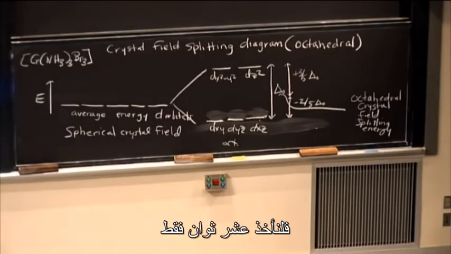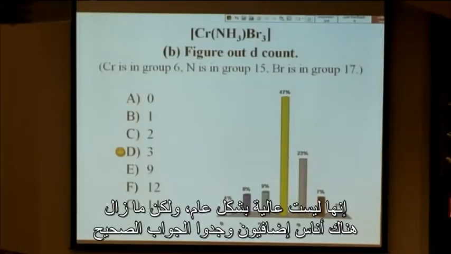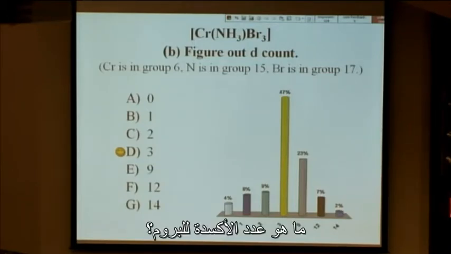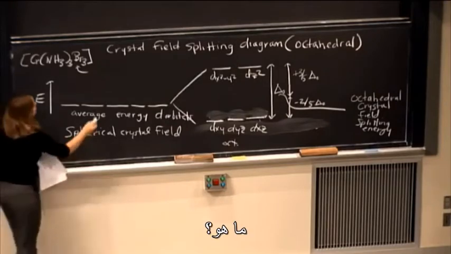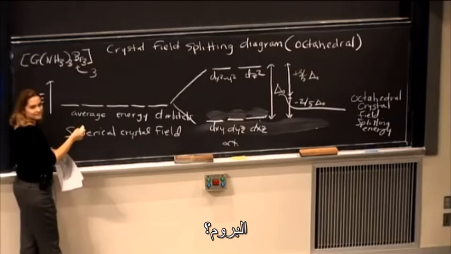Okay, let's just take 10 more seconds. So not as high overall, but still more people got the right answer. So let's take a look at this. What's the oxidation number of bromine?